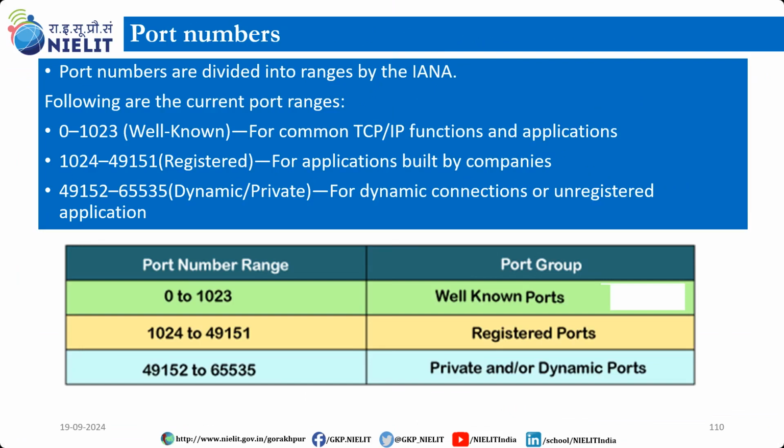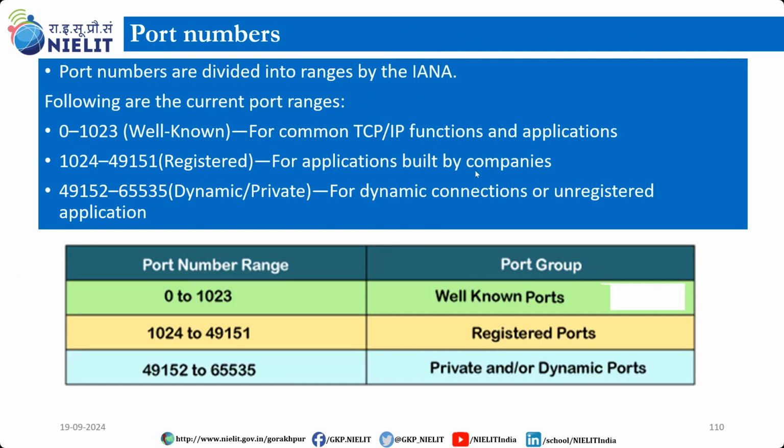IANA has defined three types of port ranges, starting from 0 to 1023. It is known as well-known ports, for standard common TCP/IP applications and functions. Then the second category is 1024 to 49,151. The second category is used by applications built by companies.